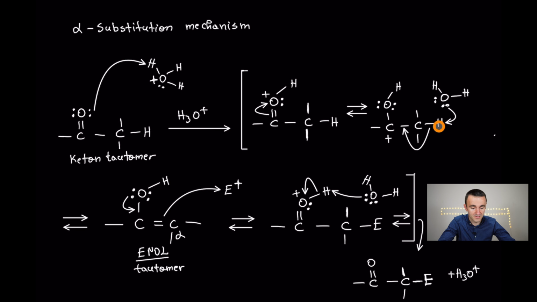It's going to abstract this hydrogen here, and we arrive at this position, which is called an enol tautomer. So ketone tautomer, enol tautomer. Keep in mind, tautomer means that you have rearrangement of the atoms, right? And this serves now as a nucleophile that attacks an electrophile, and the electrophile is connected to the alpha position.